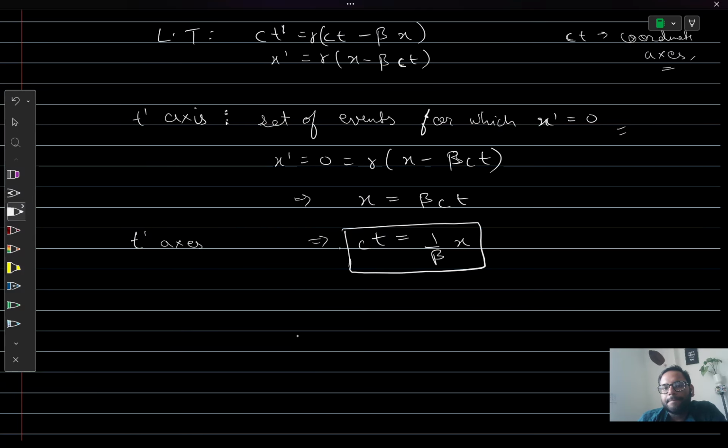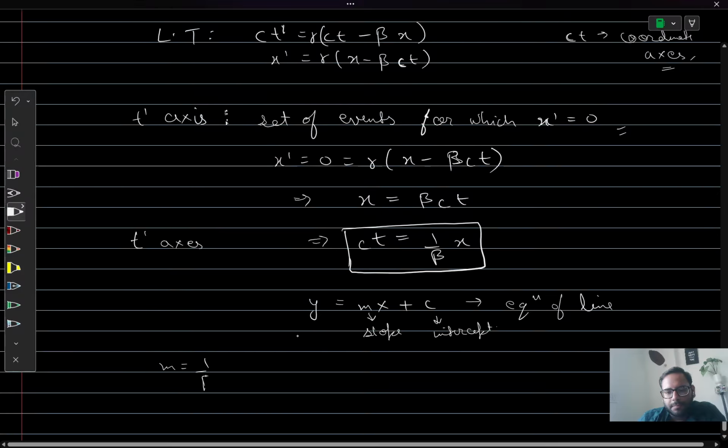You just compare it with this equation of a line, where this is your slope and this is your intercept. Your slope is actually 1 upon beta, which can also be written as tan theta.